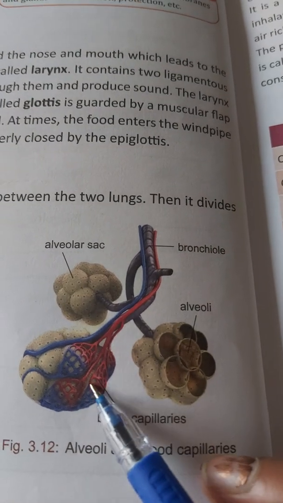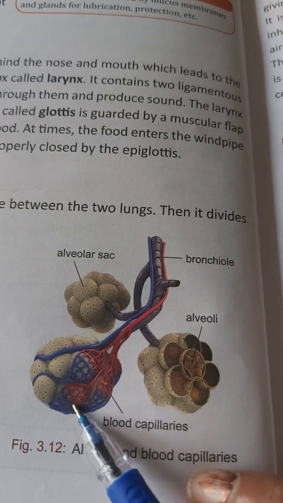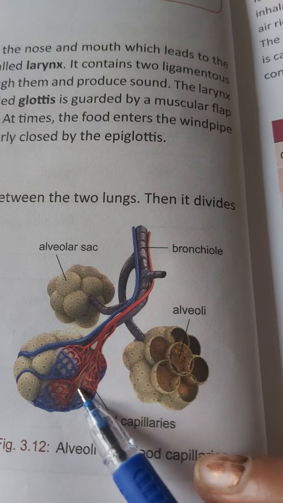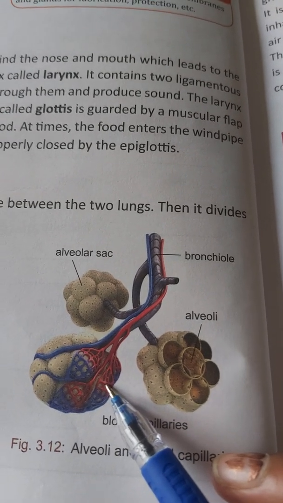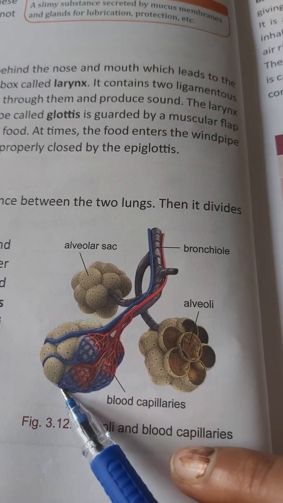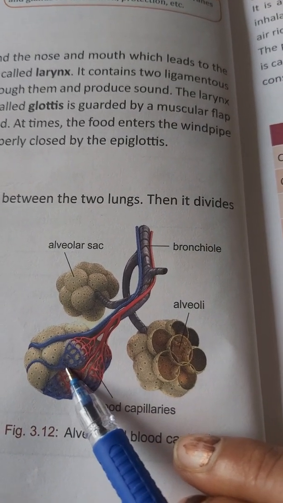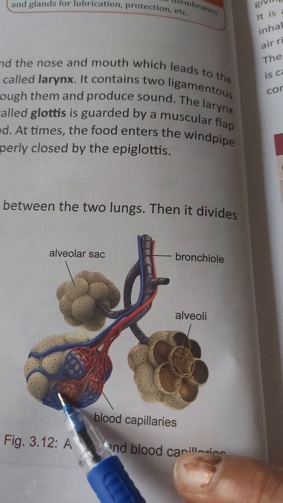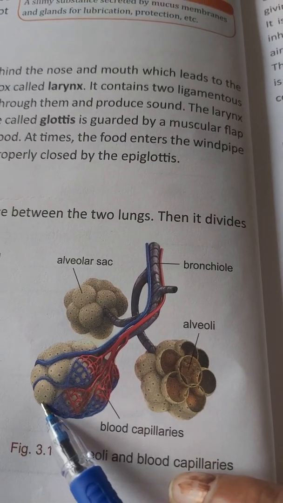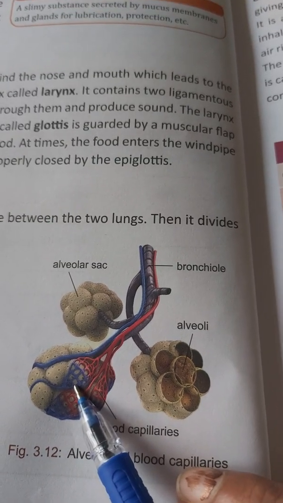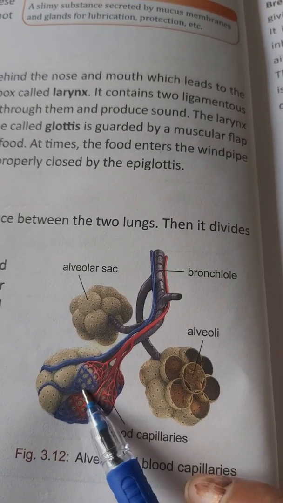And there is a supply of blood also through the vessels. You can see here this red color. This is the blood which is supplied through these vessels. Why are these vessels blue in color? Because of the CO2 which we release from our alveoli, it becomes impure blood.